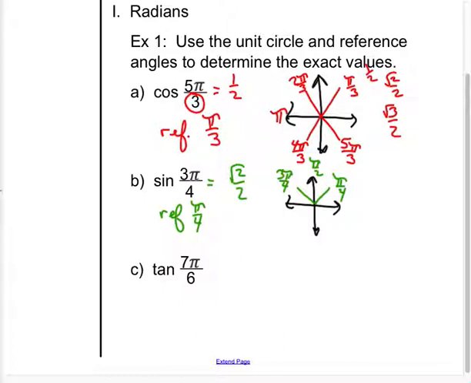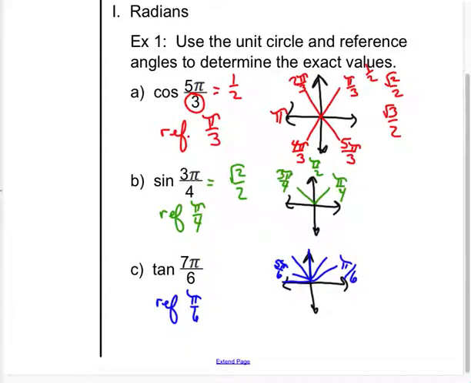For the last one, we've got tangent of 7 pi over 6, so our reference angle will be pi over 6. And then let's figure out which quadrant we're in. So we have pi over 6. And then we have pi over 3, which is 2 pi over 6. That's still in the first quadrant. 3 pi over 6 is pi over 2. 4 pi over 6 is 2 pi over 3. 5 pi over 6.